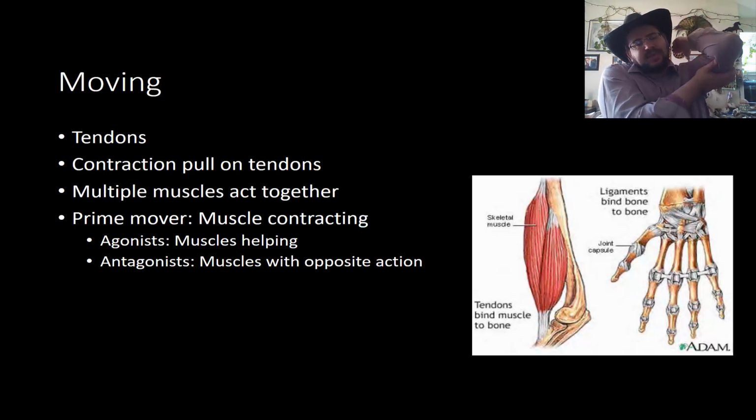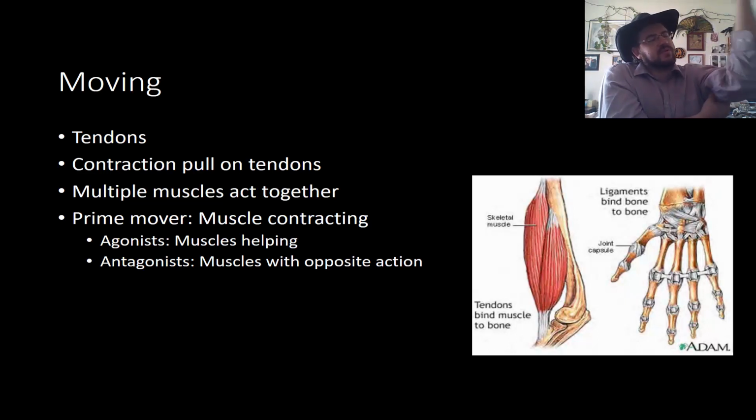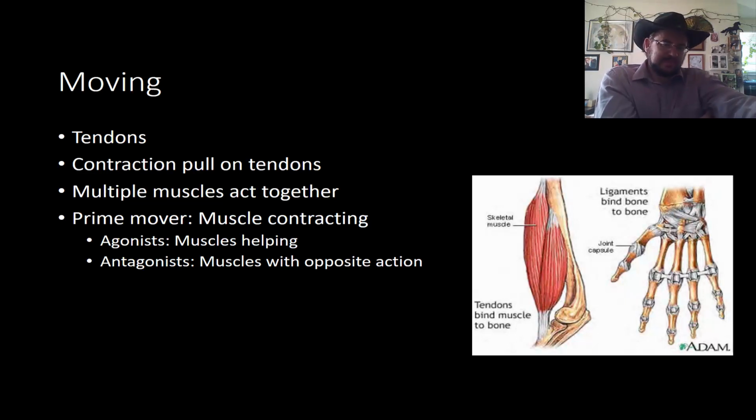If you contract the tricep, you can feel this muscle sort of pinch in there and feel it contract when we extend our elbow joint. Extend the joint, the tricep contracts. So the tricep is an antagonist to the bicep. It has the opposite action.